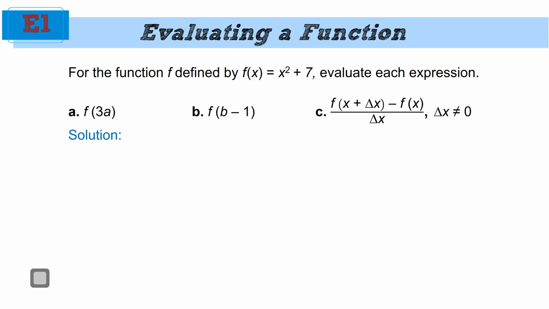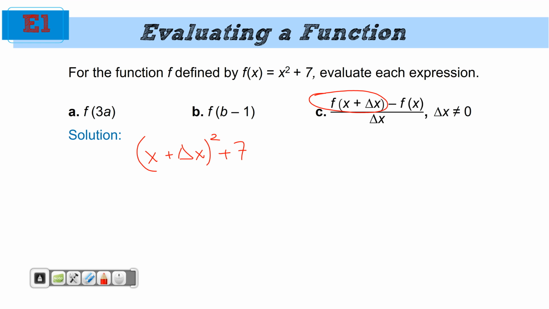We don't have to do anything with f of x, and you don't have to do anything with delta x. So we get x plus delta x, quantity squared, plus 7. That takes care of that guy. We use Christmas colors.